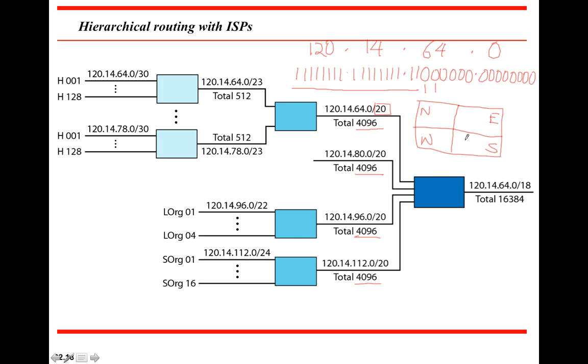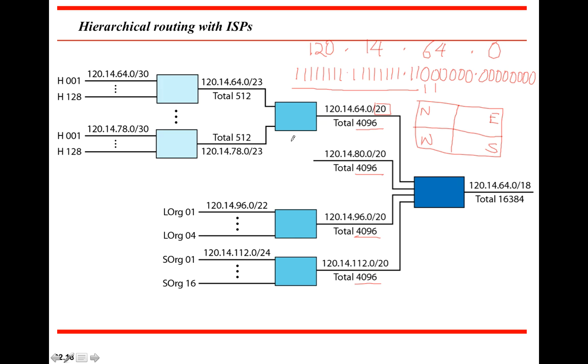Similarly, just by looking at the IP address and the subnet mask, we know which region this belongs to. So these are the regional offices. This is how they have divided the IP addresses.